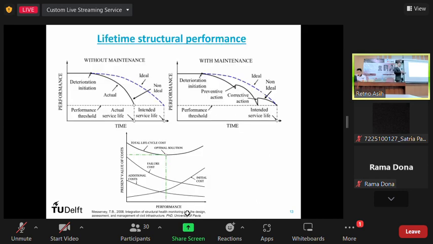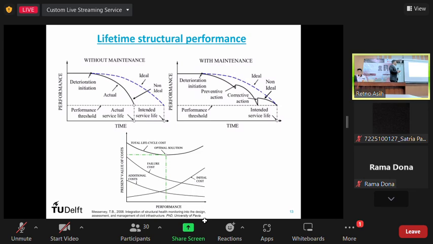And here is what happens when we use structural health monitoring techniques. You see, we have the time life cycle of this structure, and we have the performance of this structure. The black line here is the line that you have without the structural health monitoring system, and the ideal that you have designed is this dashed blue line.